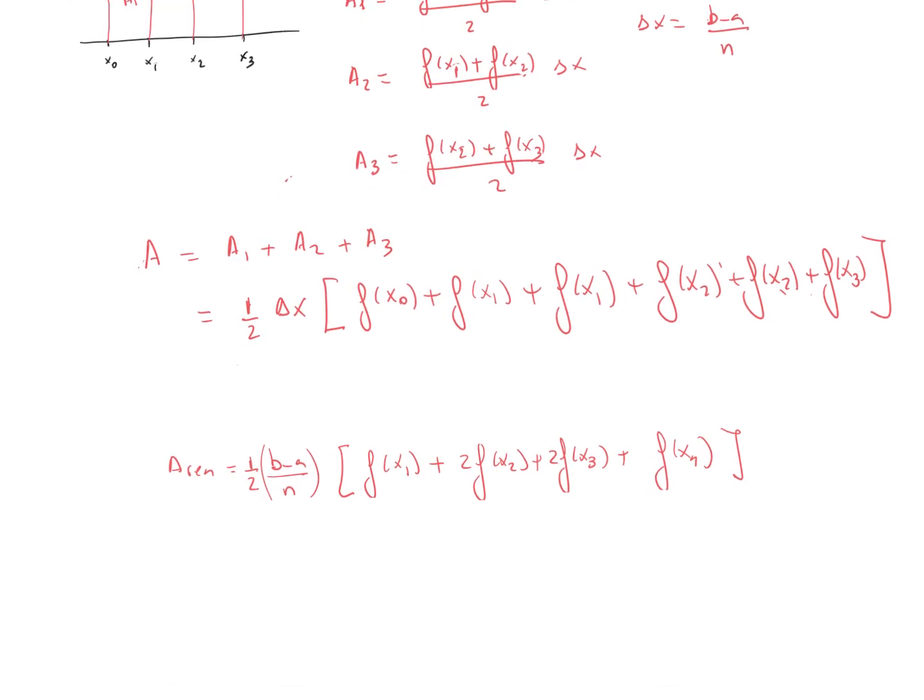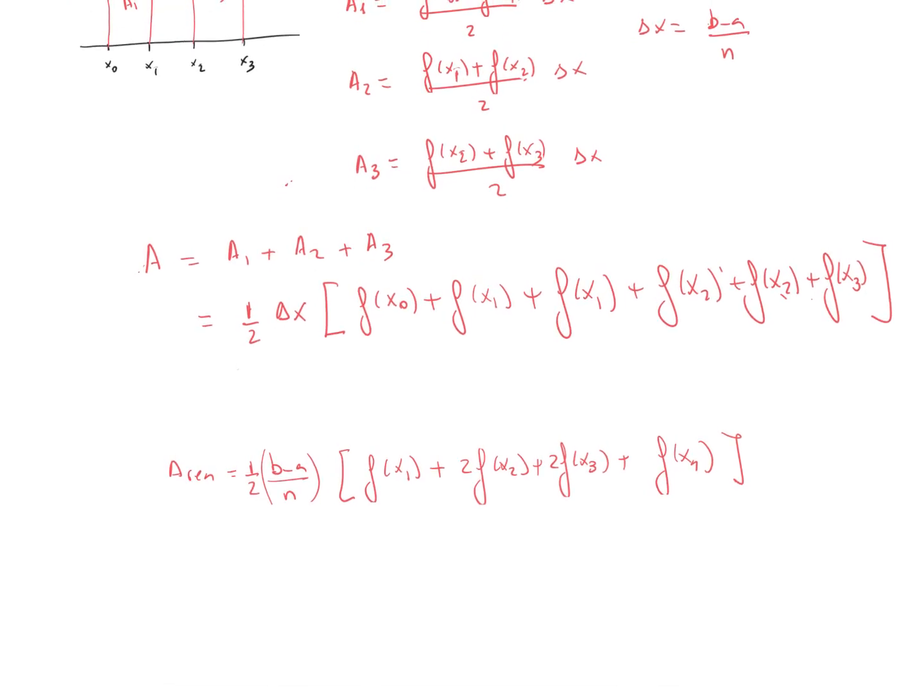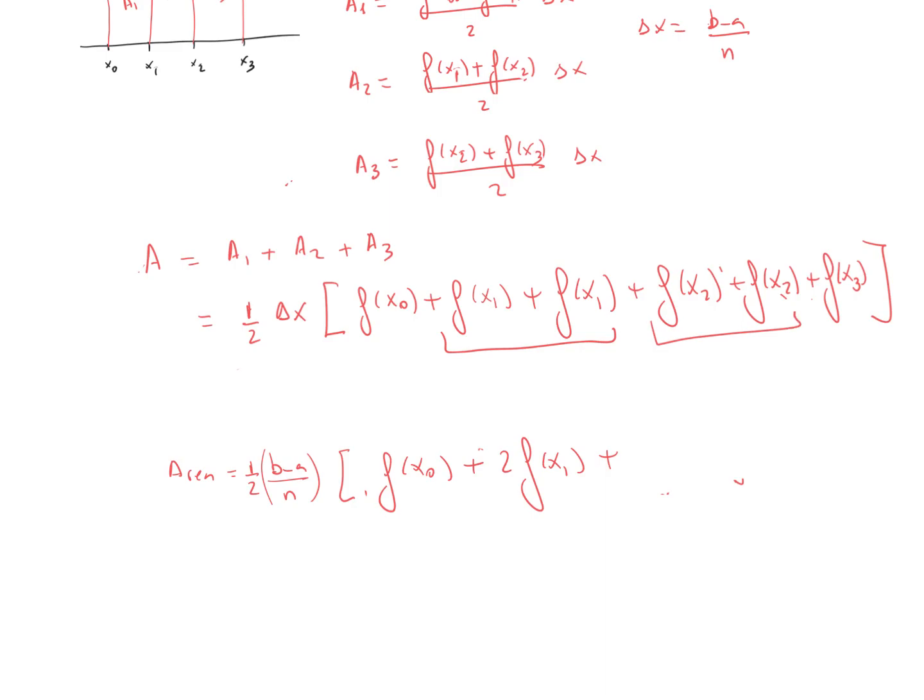Now it's correct. So the area will be 1/2 times b minus a divided by n, times f of x0 plus 2 times f of x1, plus 2 times f of x2, plus the last term, f of x3.